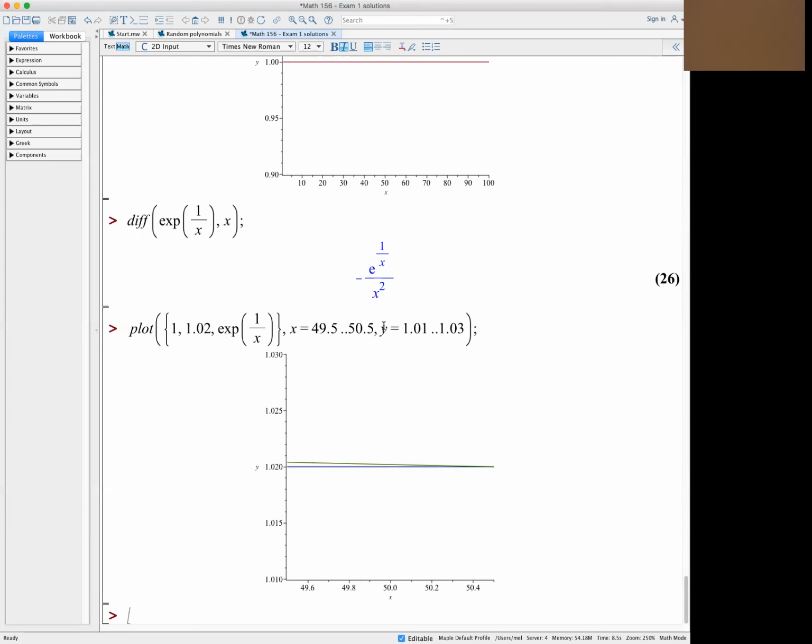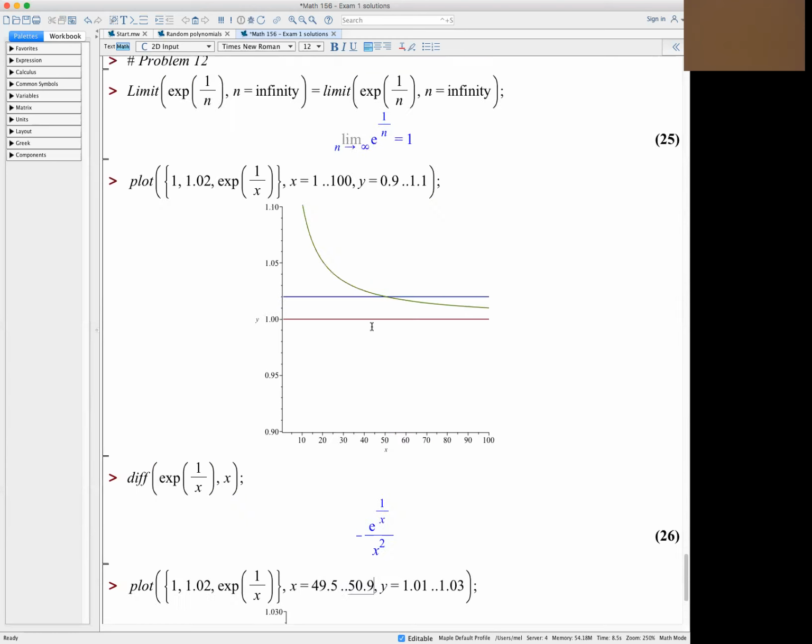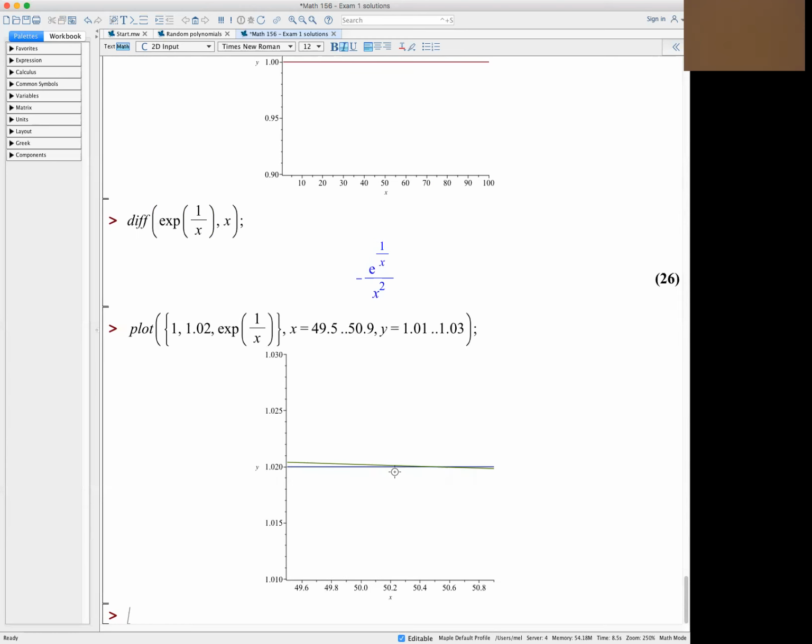Okay, so here you can see the green is the curve.